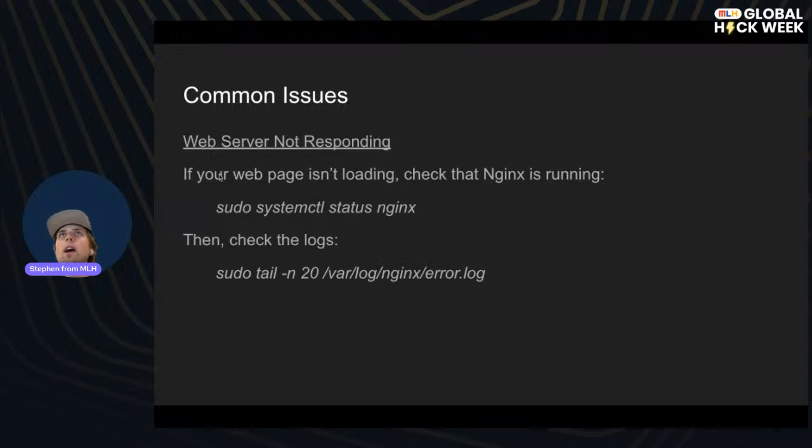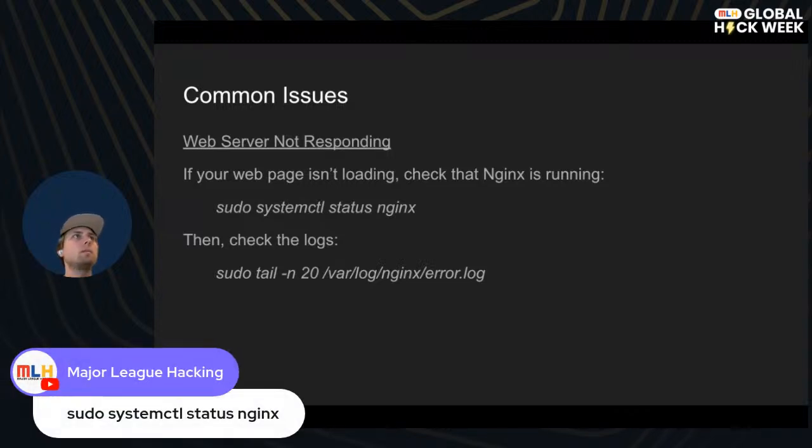You can have them in case you want to look at them. So the first one is to check if Nginx is running. And the second one is to check your logs. Oh boy, it's not letting me paste that in.